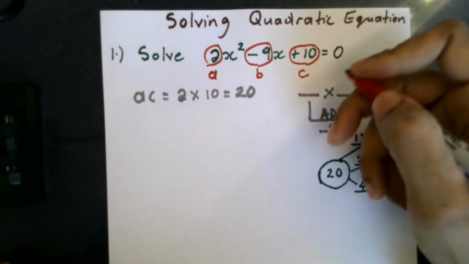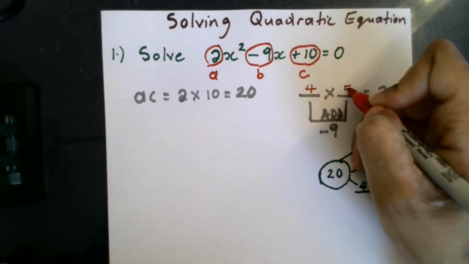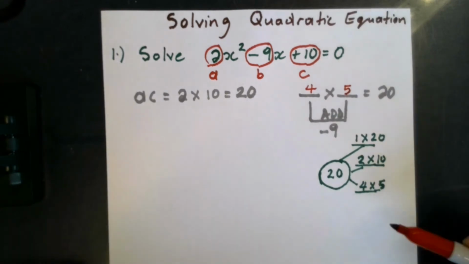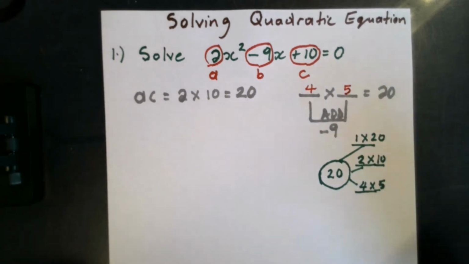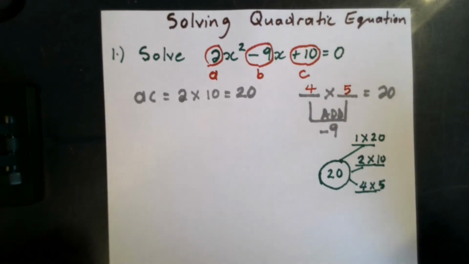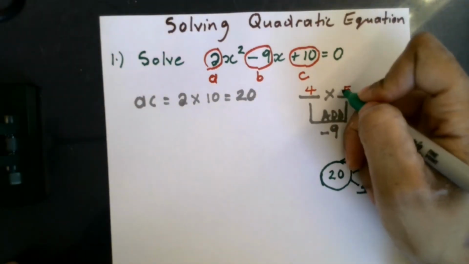And the obvious pair would be 4 times 5. All right. So 4 times 5. That is the only pair that I could choose, that if I manipulate or change the signs of the numbers in the pair, I would get negative 9 when I am adding. All right. So I am going to manipulate the two numbers.